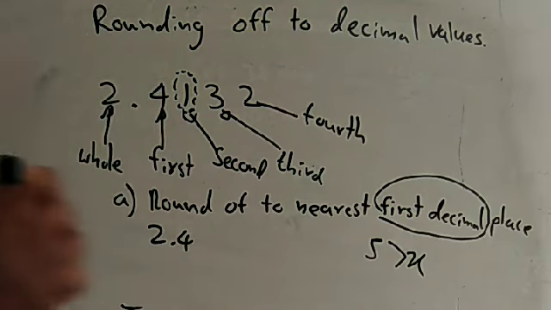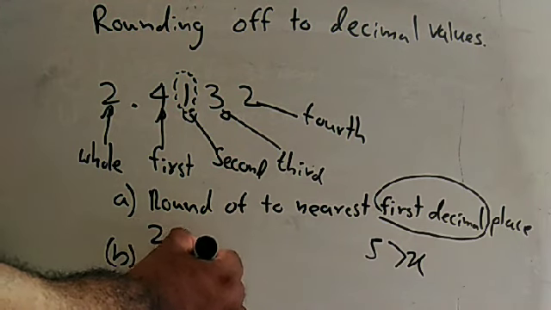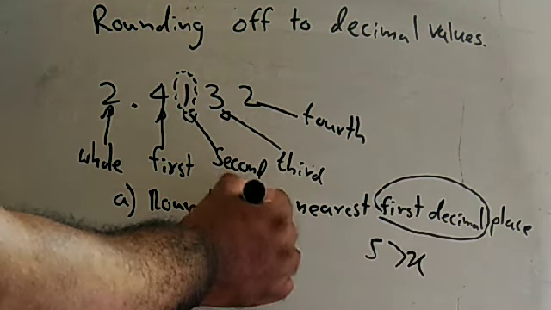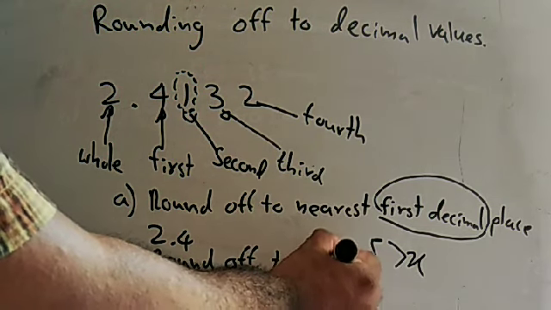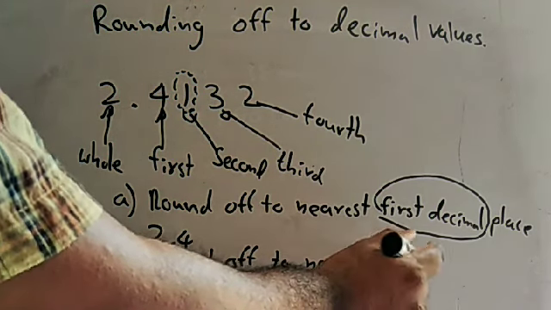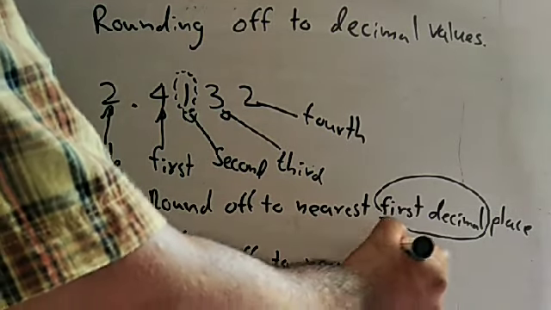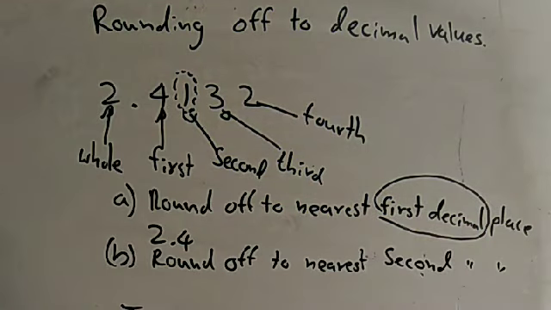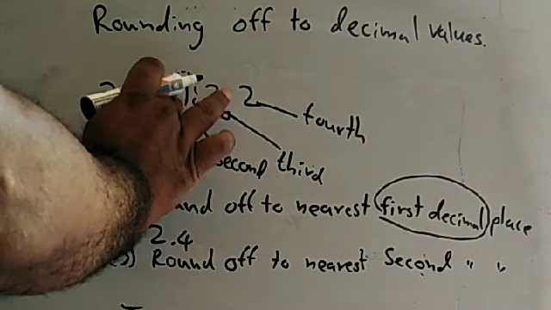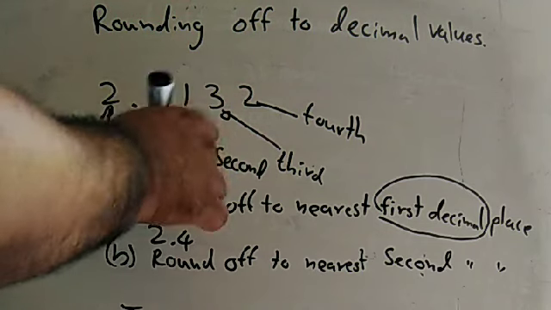Another one, B: round off to the nearest second decimal place. The second decimal place is 1.